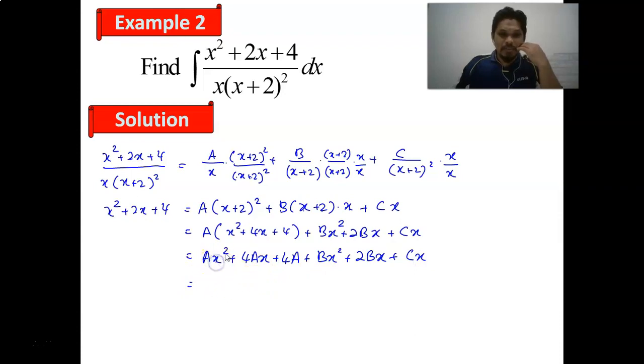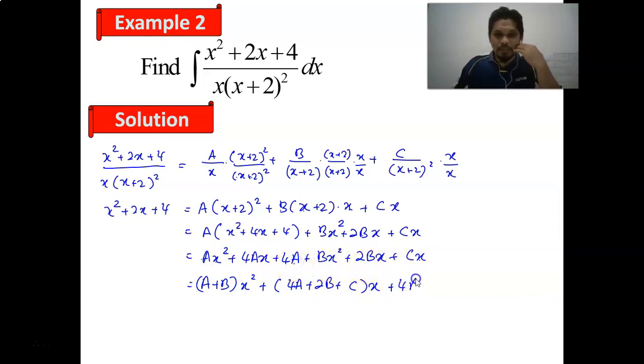Then we get x², and the x² is between A and B: (A + B)x². Plus, the coefficient of x, we got (4A + 2B + C)x, plus a constant of 4A only. So we compare with this one here now, x² + 2x + 4.